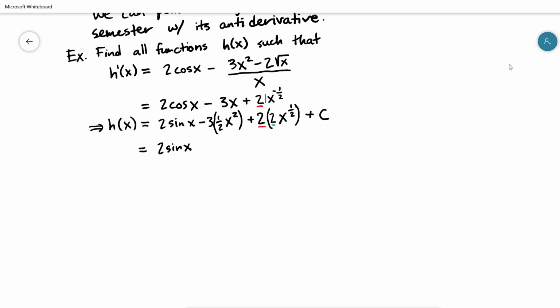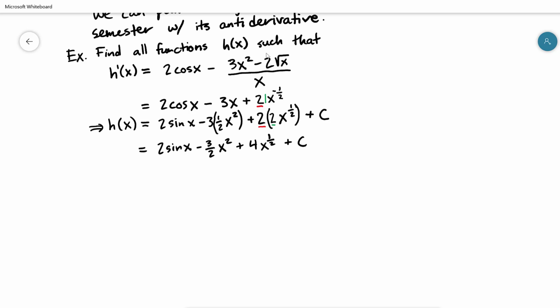That next one, I'll just combine those coefficients into a negative 3/2 x squared, and that last one will become a plus 4 x to the 1/2. You could also write it as a square root of x if you prefer, plus c. So there's our most general solution.